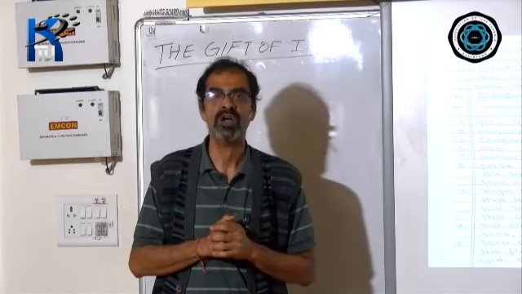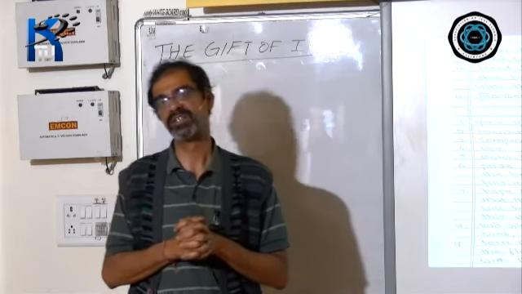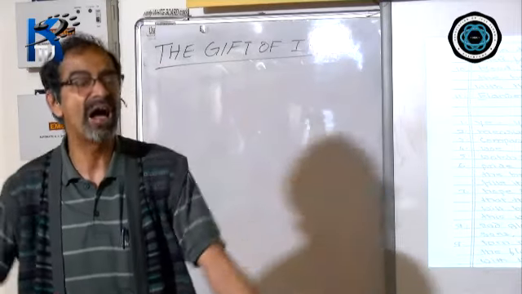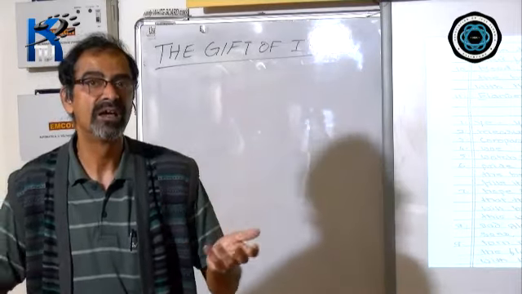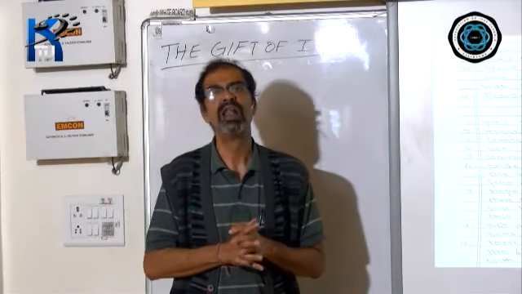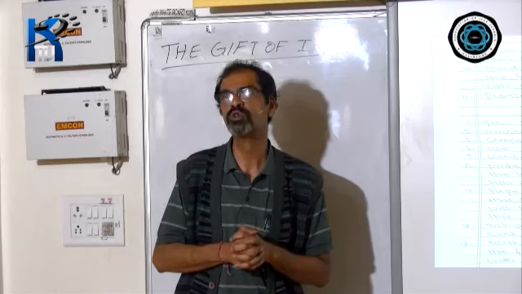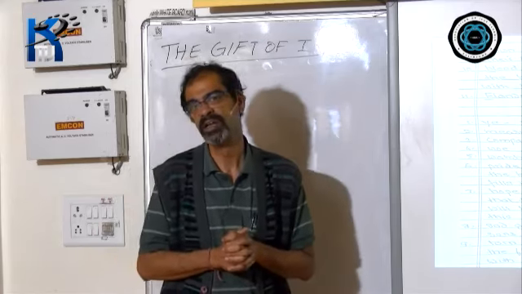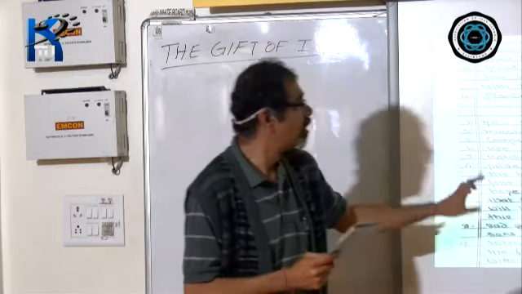Some result will accrue from their sacrifice. And what better hope can she have? Imagining, dreaming that these sacrifices will ultimately bring about the independence of India from the British. Are you clear? Okay.